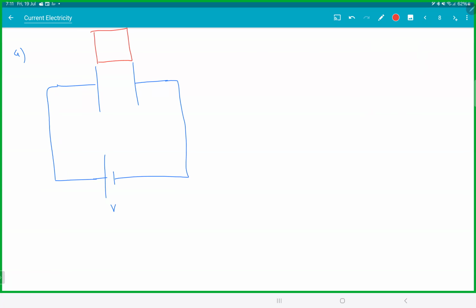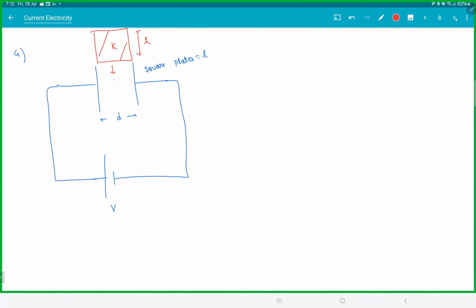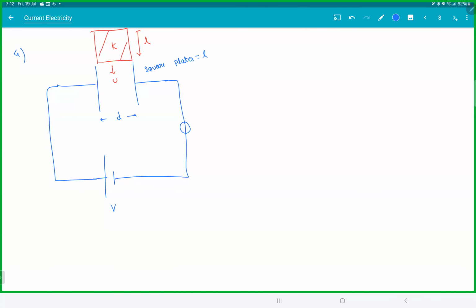So we have a dielectric slab K, whose length is also L. So these are square plates of side L. Distance between them is D. This slab is entering with a speed U. We have an ammeter here.